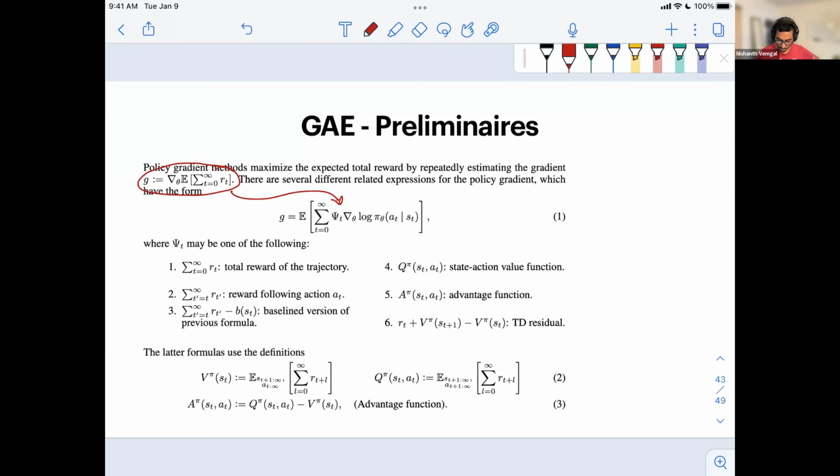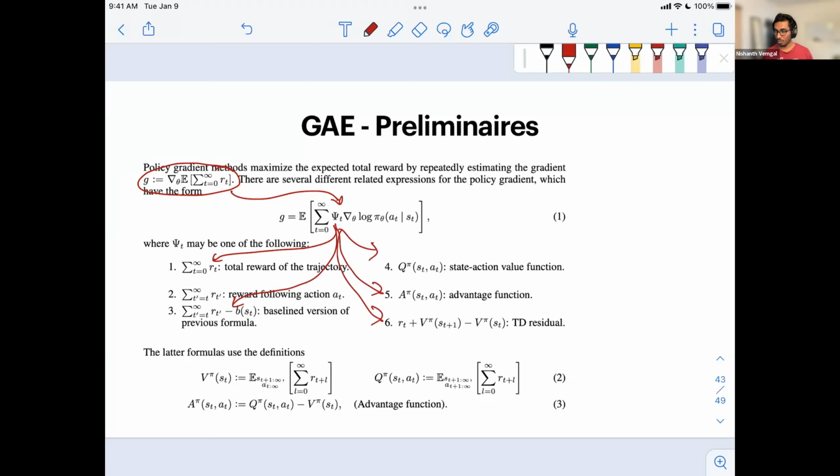For example, you can replace psi with the sum of rewards to get REINFORCE, and we can replace psi with returns minus baseline to get the baseline version of REINFORCE. Or you can use the advantage function, or you can use TD errors, or you can use the Q value. So you can use many different terms that you want.